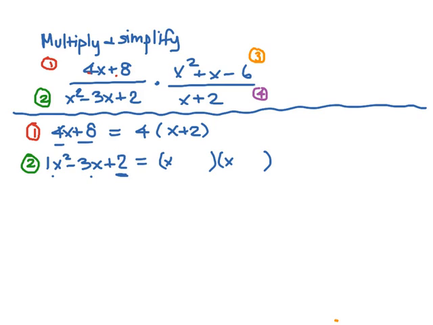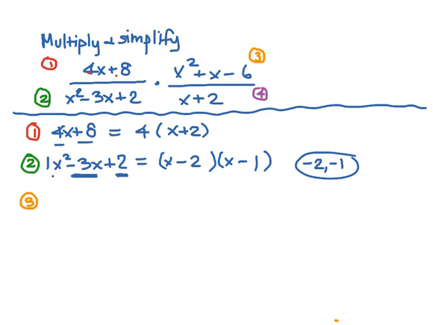So I'm looking for factors of 2 that add up to negative 3. So you know that negative 2 times negative 1 multiplies out to be positive 2, and then negative 2 plus a negative 1 gives me a negative 3. So these are my two factors, and I can just write them out here. Minus 2, minus 1. So now I'm done with the denominator.